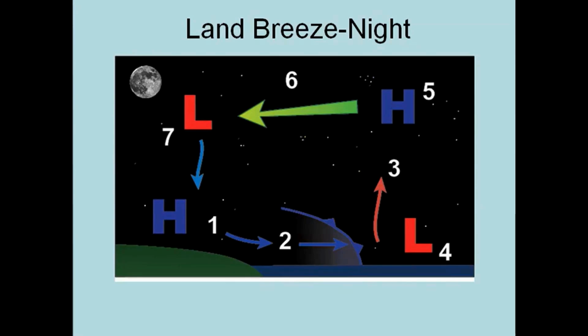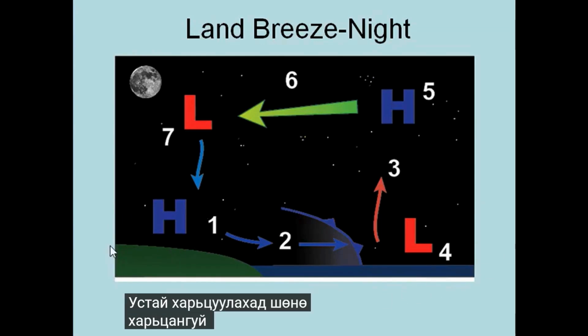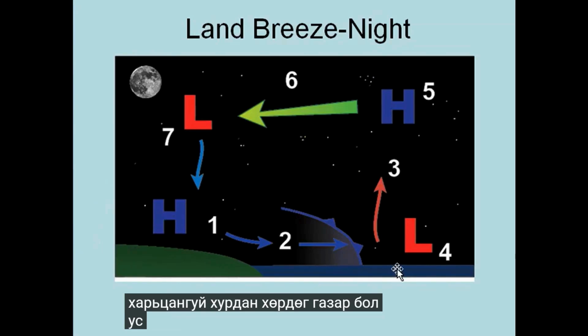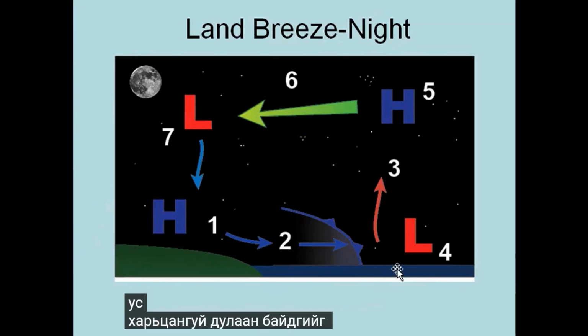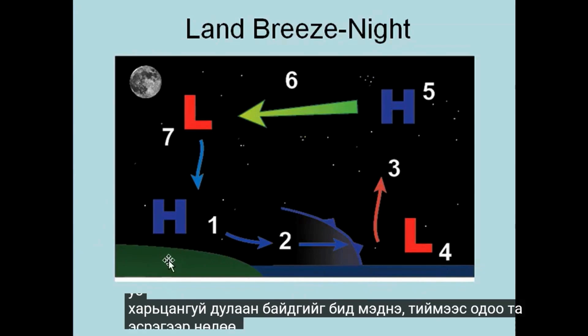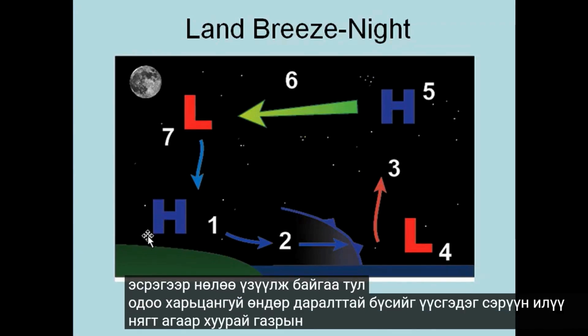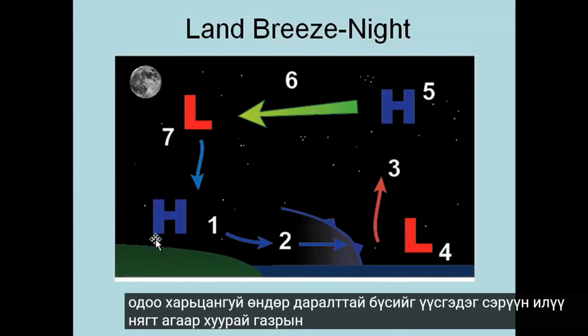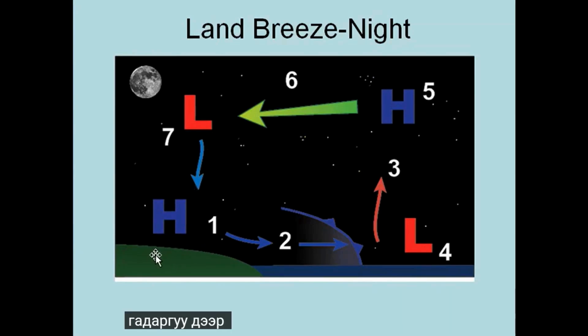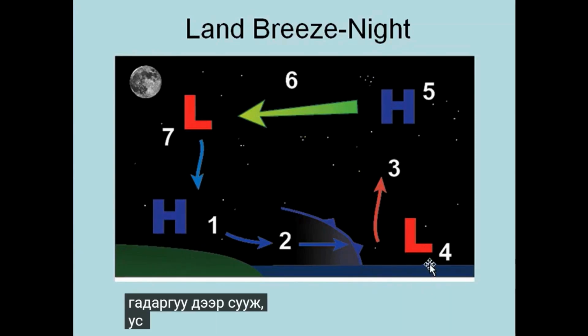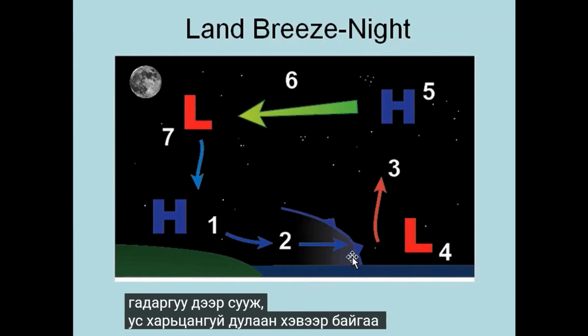So again, knowing the thermal properties of land versus water, we know that the land cools off relatively quickly at night, while the water stays relatively warm. So now you just have the opposite effect. Cooler, more dense air, which creates an area of relatively higher pressure, sits at the surface on the land, and the water is still relatively warm.